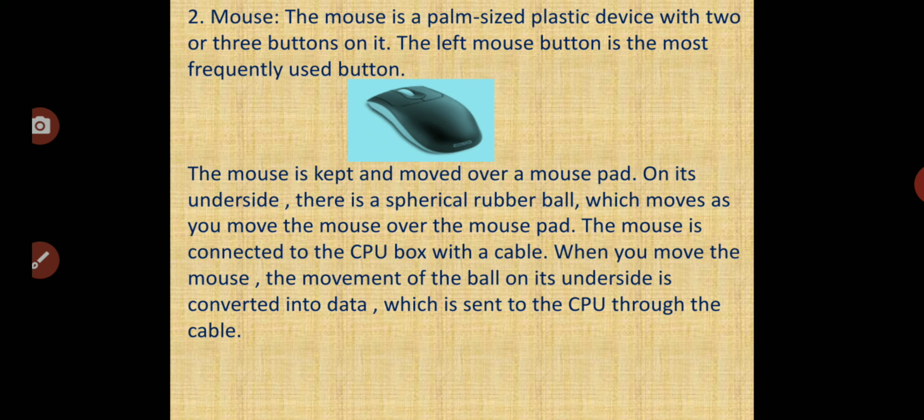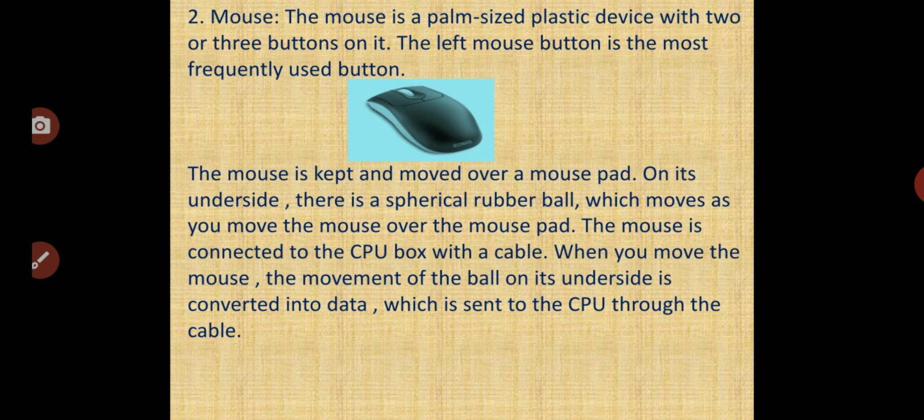The mouse is kept on a mouse pad. Now see, the mouse is kept and moved over a mouse pad. On its underside there is a spherical rubber ball which moves as you move the mouse over the mouse pad.